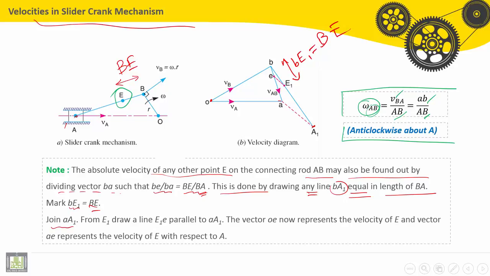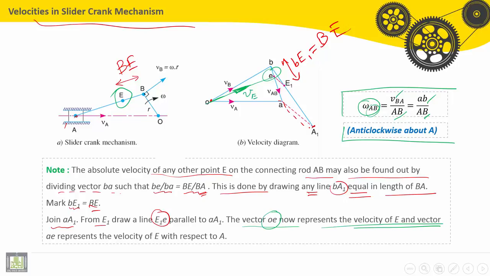Join A1 by this line. From E1, draw a line E1E which is parallel to A1. Now we have found the point E, and the vector OE represents the velocity of E. This is VE.